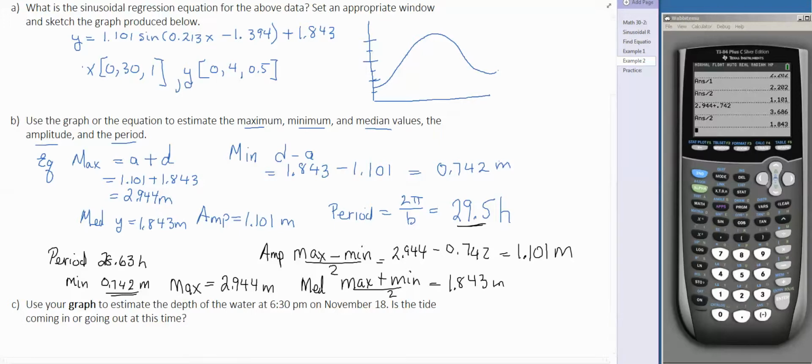Use your graph to estimate the depth of the water at 6:30 p.m. on November 18th. Is the tide coming in or going out at this time? So let's go over to our calculator.